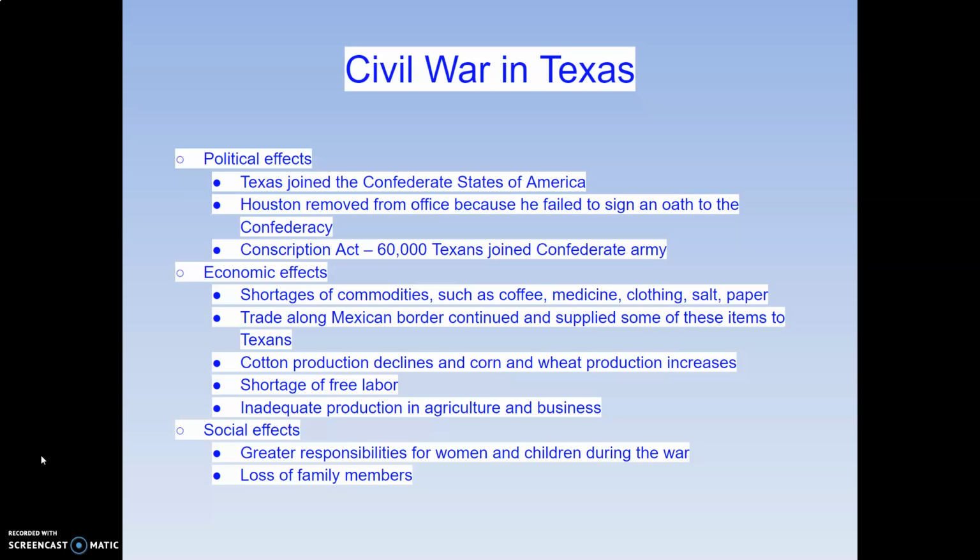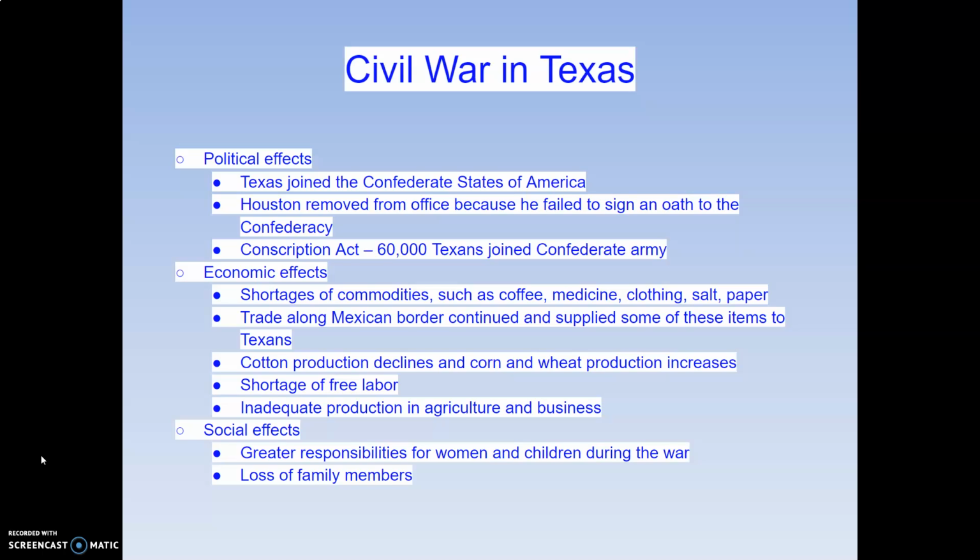Of course, there was a shortage of free labor, because some of the slaves were able to get free, so the labor was used elsewhere.